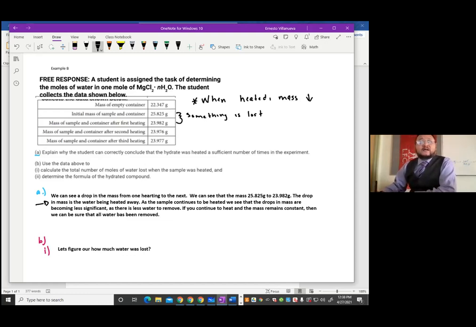Let's do this one real quick. 25.825 minus 23.982, we get a drop of 1.843 grams. From here to here, .976, we have a drop of 0.006 grams.